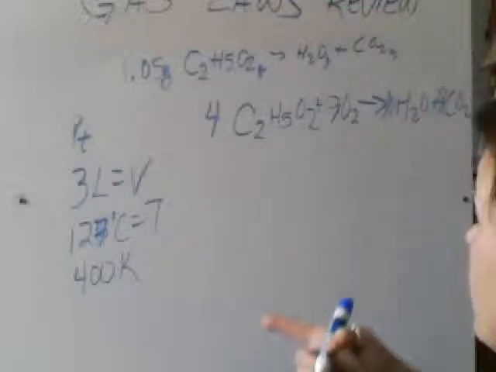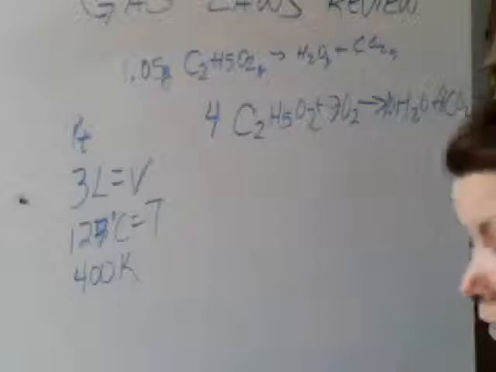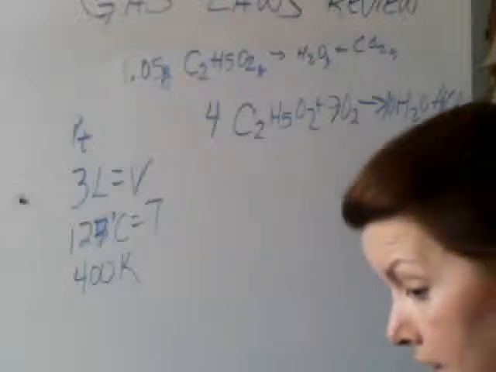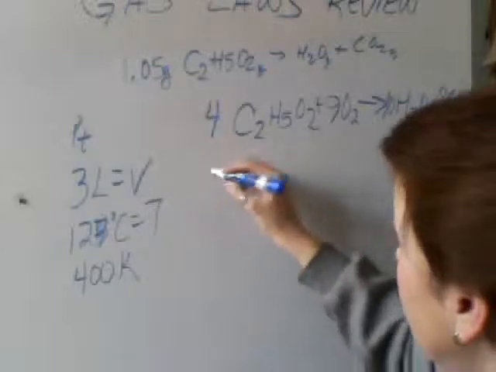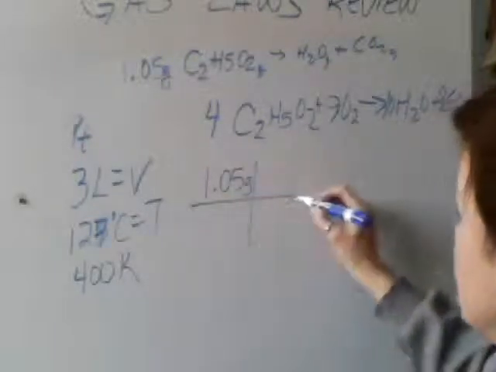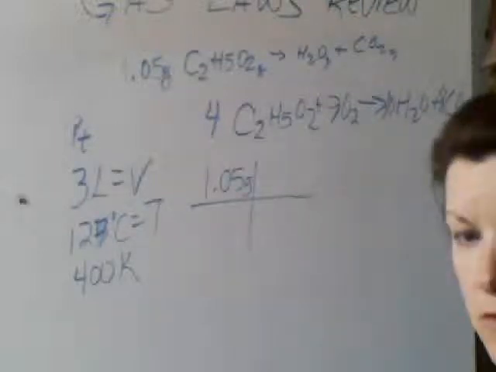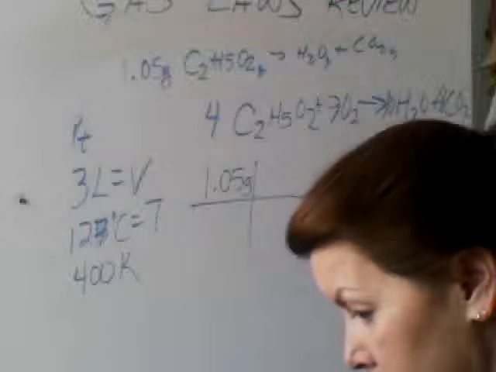We have volume, we have temperature, and we can use our balanced chemical equation to help us figure out the number of moles. We're given that we have a mass of 1.05 grams of ethylene glycol, so we want to convert that to moles right away. Anytime we have grams, we want to convert it to moles.